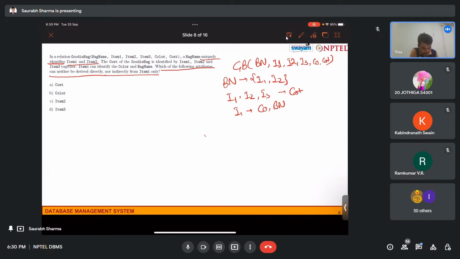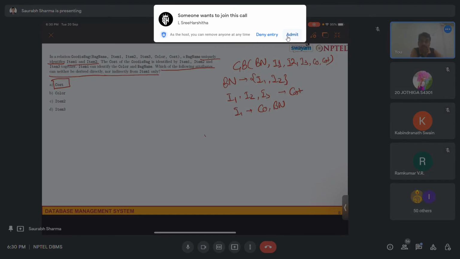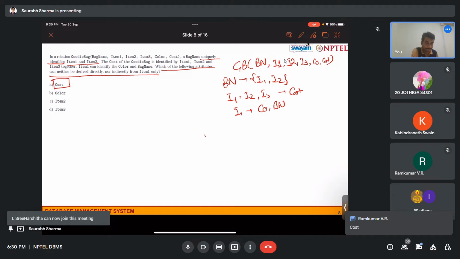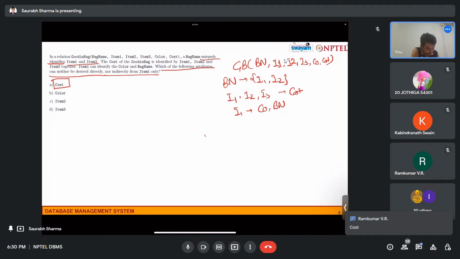So, let's check one by one. First is the cost. We have to check for cost. Is it able to be derived anywhere? From the first dependency there is no cost.